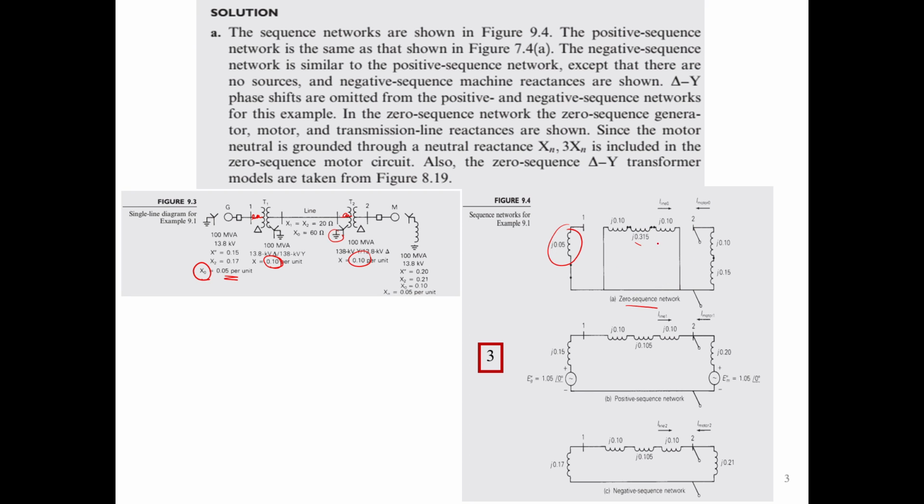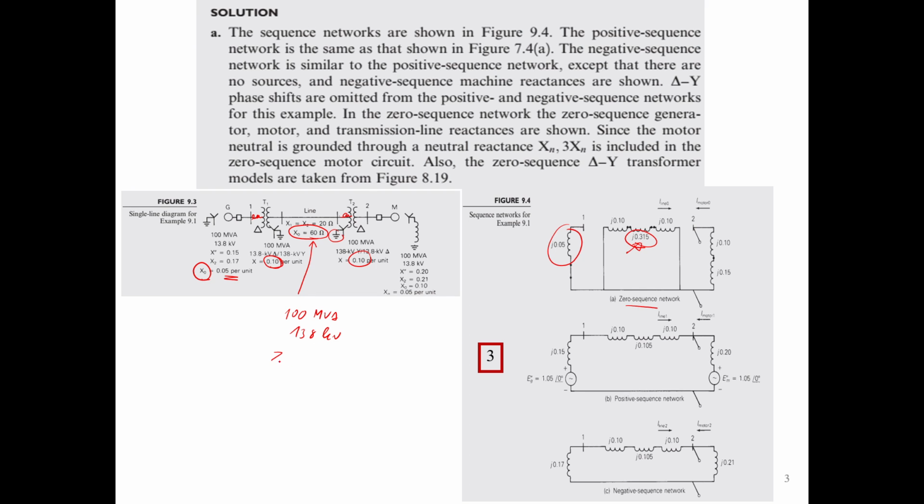So what is this j0.315 here? The 0.315 is from the conversion of this X of 60 ohms into per unit. We have in this case the MVA base of 100 MVA and the kV of 13.8 kV.